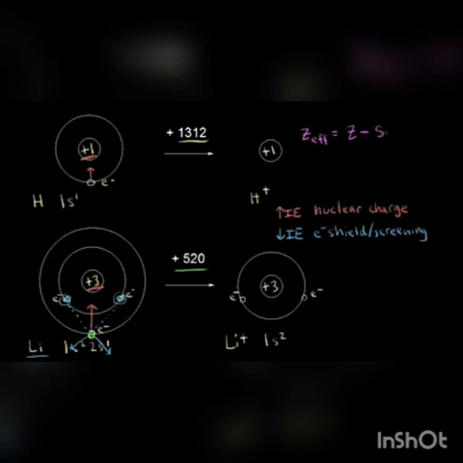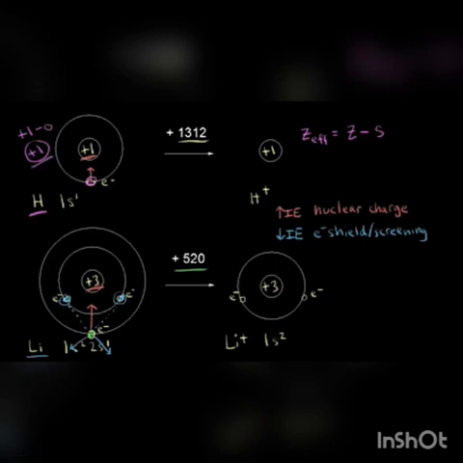Let's look at hydrogen first and calculate the effective nuclear charge that this electron experiences. There's a +1 charge in the nucleus, so that's the nuclear charge, Z. And there are 0 shielding electrons, so 1 minus 0 is of course +1. So this outer electron experiences an effective nuclear charge of +1.